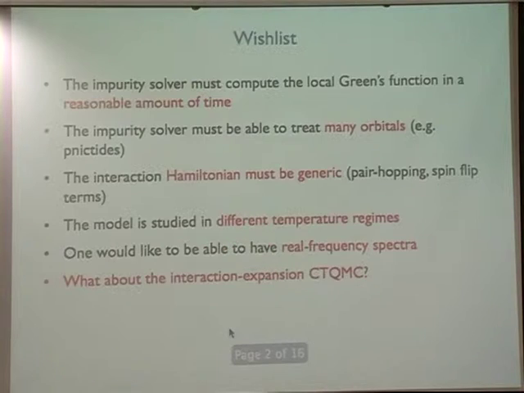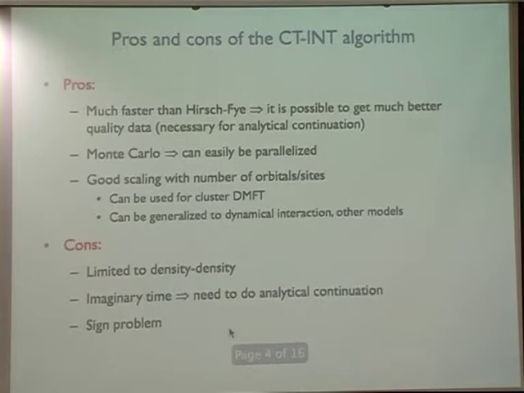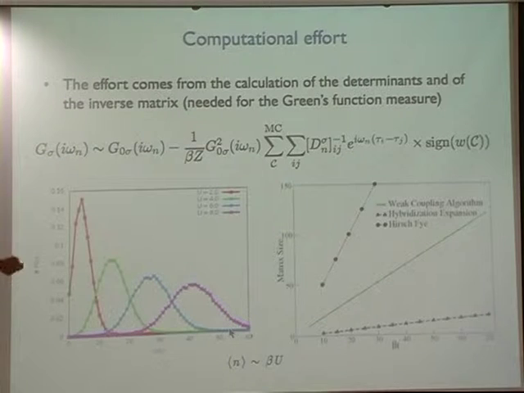So yeah, sorry, I kept this, but just to show you the curves. So this is the average perturbation order, and these are the new algorithms here. This is for a quite unfair set of parameters, at least for the CT-INT. So anyway, it's quite lower, and this is how the typical distribution of the diagrams as a function of perturbation order looks.